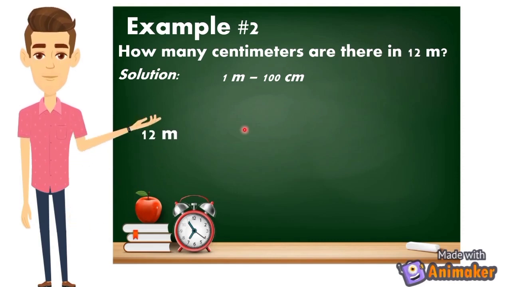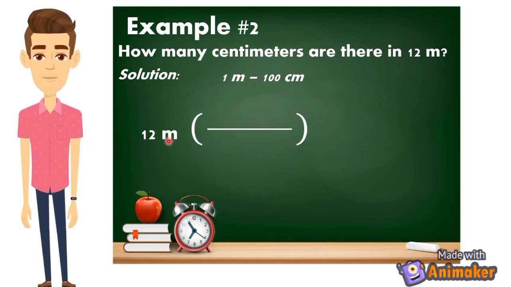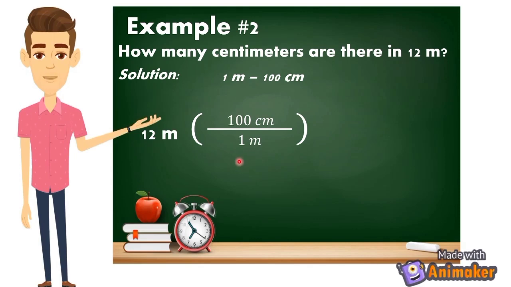Again, given natin na 12 meters, okay, again, kung ano yung kaparehas na unit of measurement, yun yung laging nasa baba na denominator ng fraction. 100 cm over 1 meter. So, cancel lang natin yung same unit of measurement, which is meter, para matira na lang ay centimeter. So, dahil yan ang ating hinahanap.